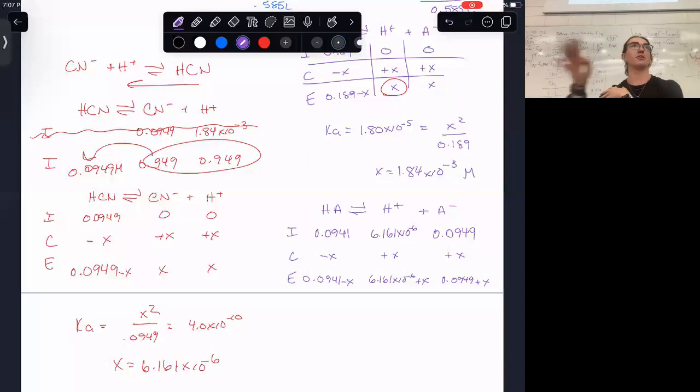I did the quadratic formula keeping the X's. I believe you could say that the 0.0941 minus X and the 0.0949 plus X are negligible and just keep the X from the H plus. If you do that, you can solve this for just X and you would get a proper pH, because it's not going to be much of a difference that we have in solution.